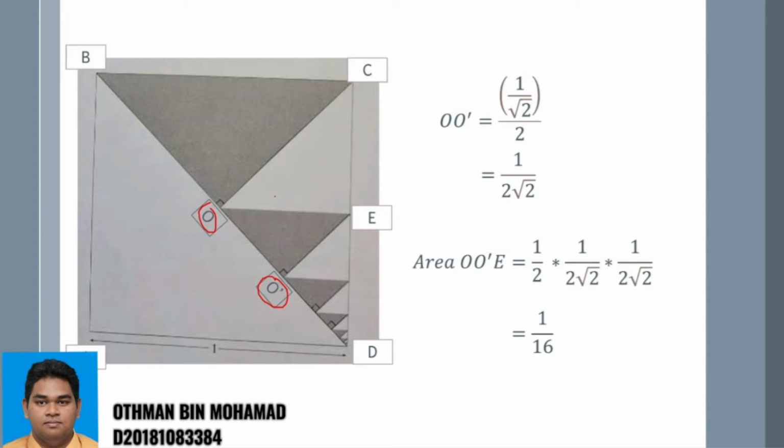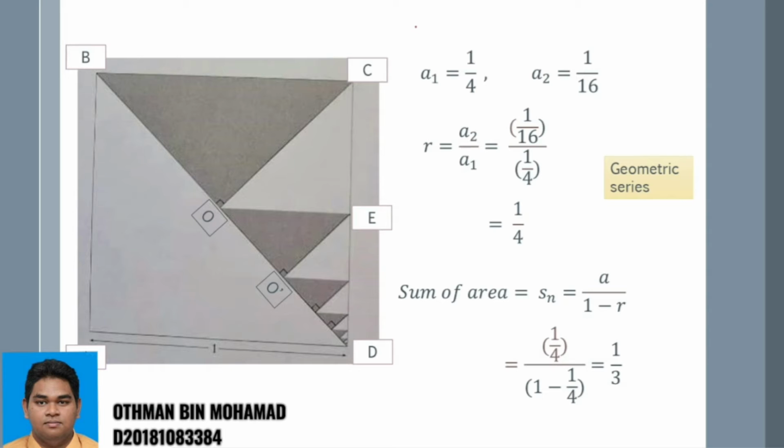After we found the length of O and O prime, we must find the area of O, O prime and E. So 1/2 multiplied by 1/2 square root of 2 multiplied by 1/2 square root of 2, we got 1/16. Now we see the sequence is A1 equal to the area of BOC, which is 1/4, and A2 is the area of O, O prime and E, which is 1/16.